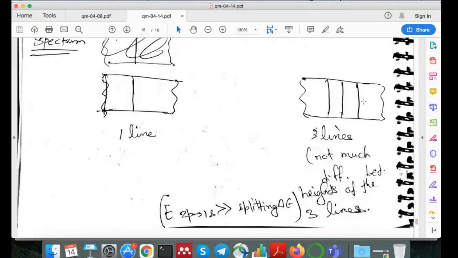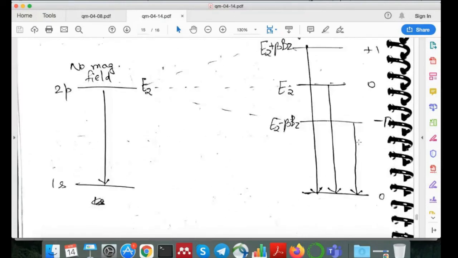Now the three lines, there will not be much difference between them. And that is because the gap between 2p and 1s is much more than the gap between these individual levels amongst each other.